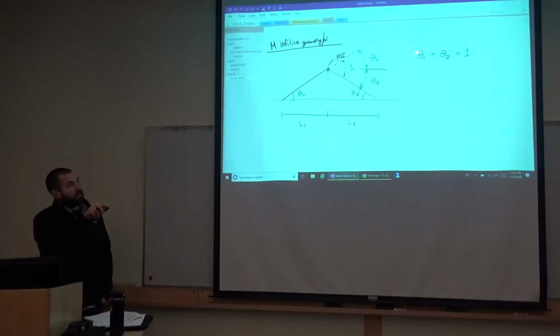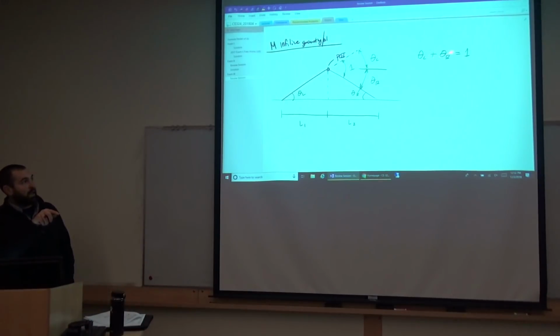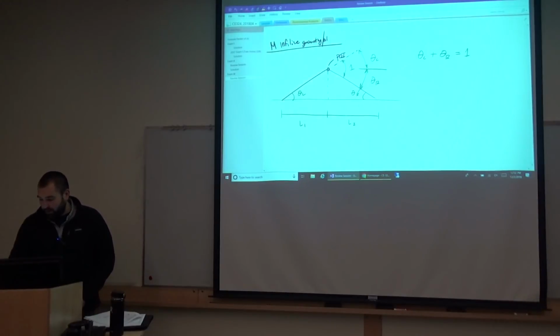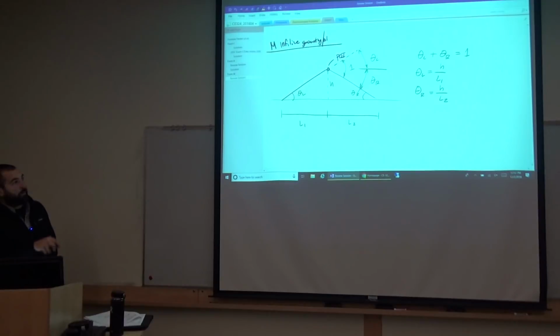If I know this, then I simply need to calculate the slope on the left and the slope on the right. That's really easy. The slope on the left is equal to the unknown height h divided by length 1, and the slope on the right is equal to the height divided by L2. If I combine all 3 of these equations together, I only get one unknown left, which is simply h.